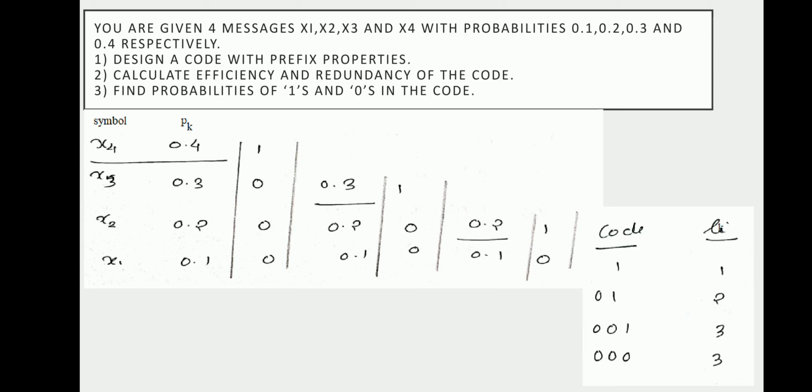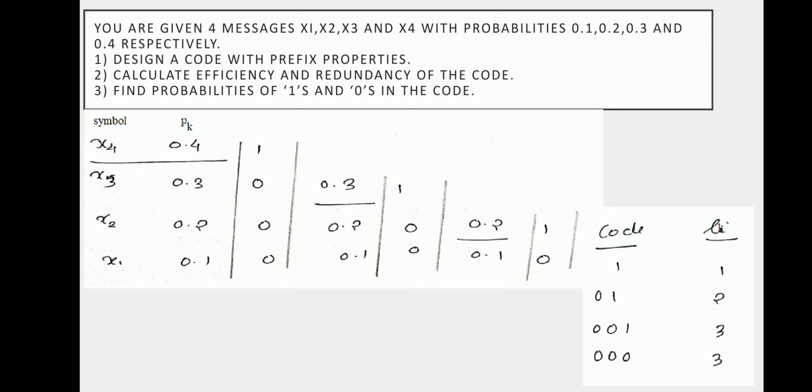Then x2 is coded as 1 and x1 is coded as 0. Then we can write the code directly. So x4 code is 1, x3 code is 01, x2 code is 001 and x1 code is 000.